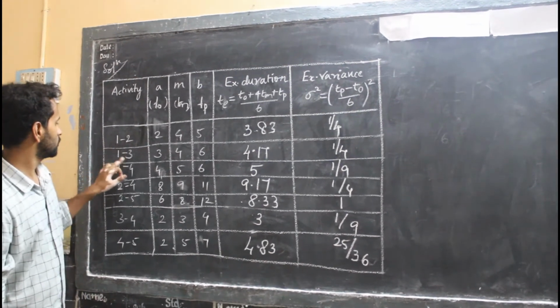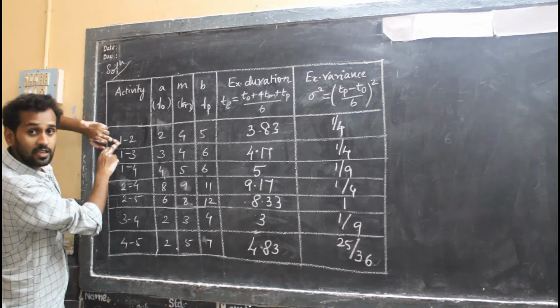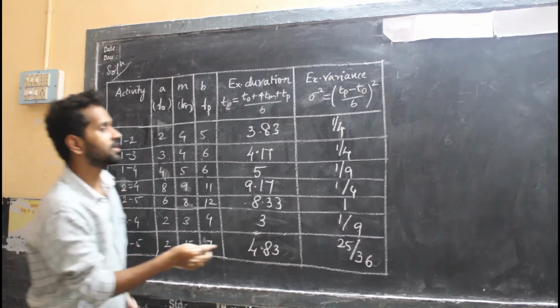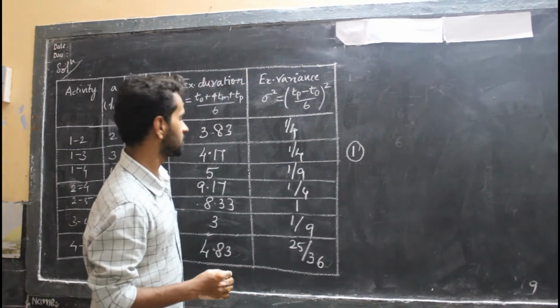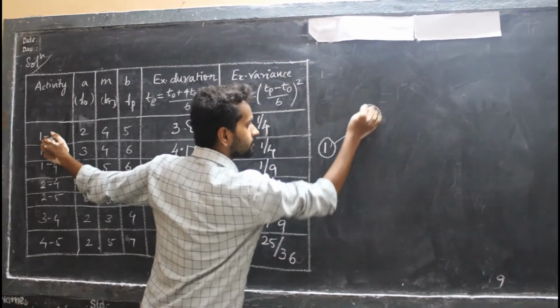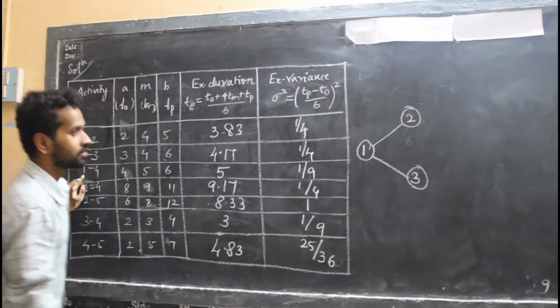First 1 to 2, 1 to 3, 1 to 4. That means the starting event for the first 3 activities is node 1. So my 1 is the initial node or initial event, which starts 1 to 2 and 3. Is it clear? And 4 also.